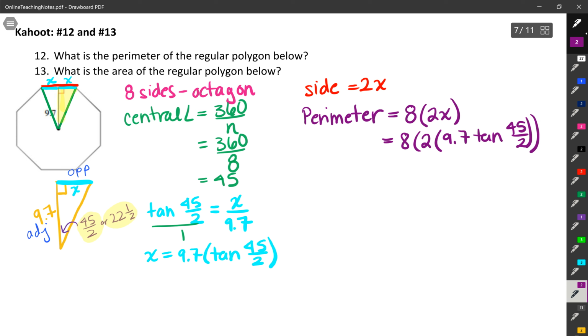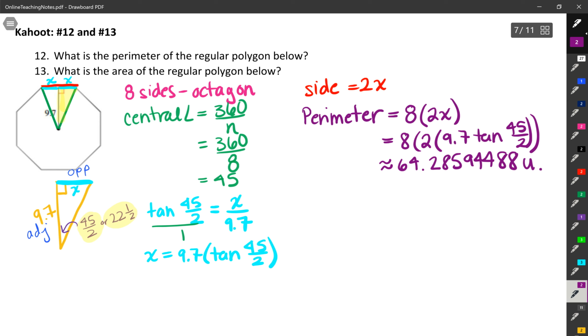Then I calculate that on my calculator: 8 times 2 times 9.7 times the tangent of 45 over 2. If it's easier to type in 22.5, go ahead. And I get my perimeter is about 64.2859. I can't remember what it said to round to. And that would be units.